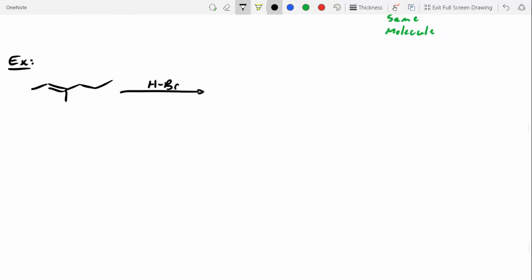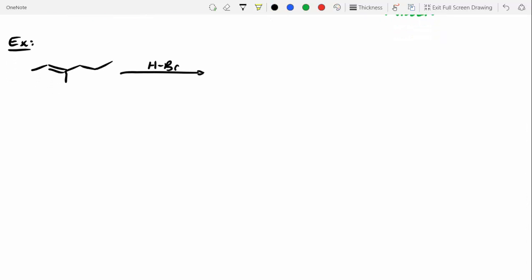All right. So we've got this alkene. Again, we're going to do a hydrohalogenation reaction with it. So we've got to first assess where the carbocation will form.